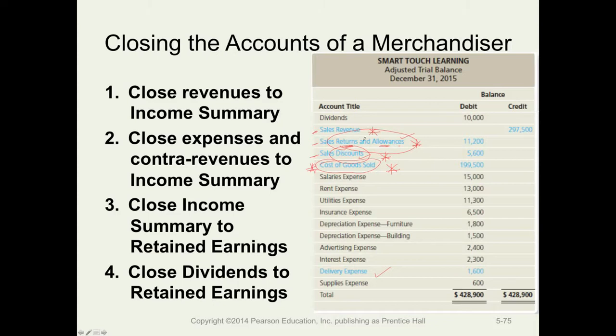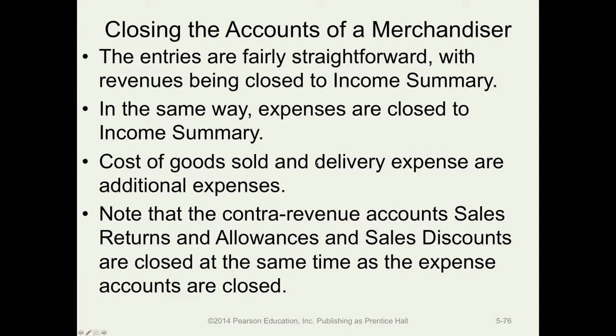So you notice that we're going to close revenues to income summary. We're going to close expenses and contra revenues, which have debit balances. Sales is a credit balance. And of course, the income summary is closed to retained earnings, and then we close the dividends to retained earnings as well. So again, the entries are the same.